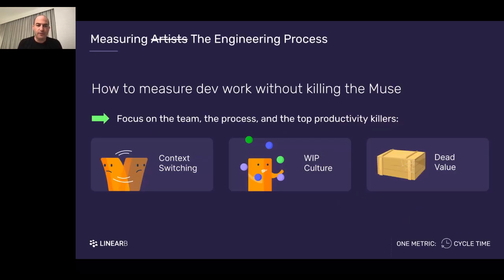Let's talk about measuring the dev process, or getting more visibility into that magic thing that happens when developers write code and work on delivering it. One important thing to keep in mind is that, yes, visibility is great. Being able to measure something is the key to improving anything.